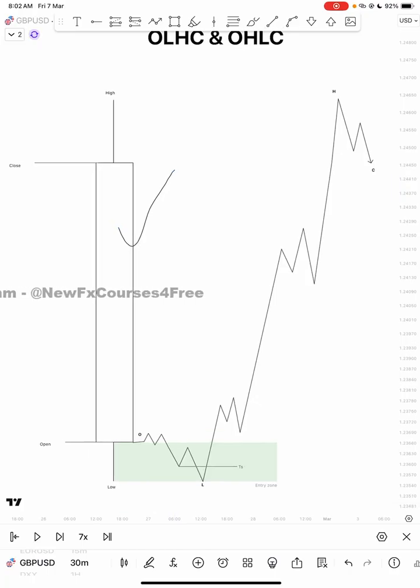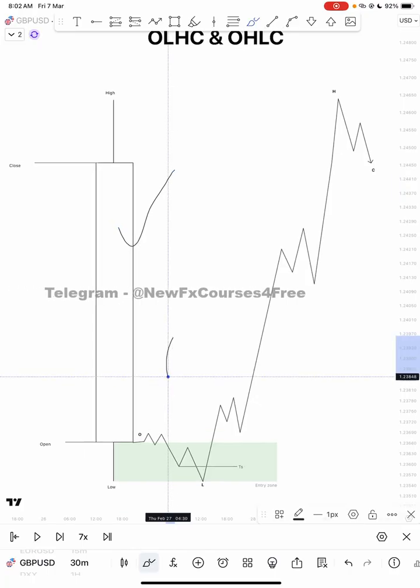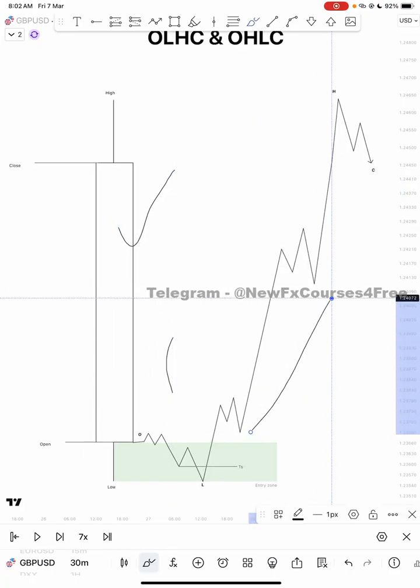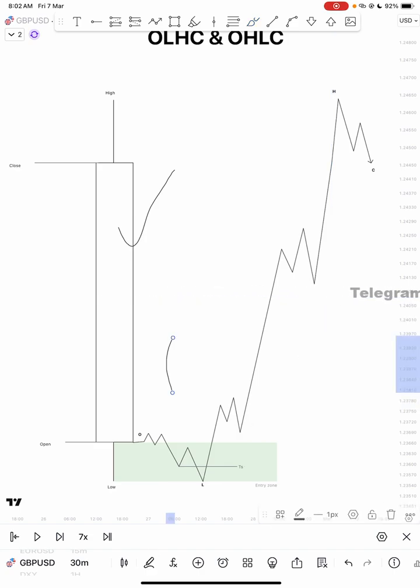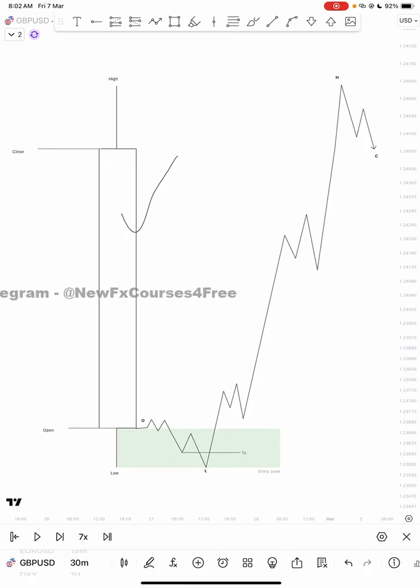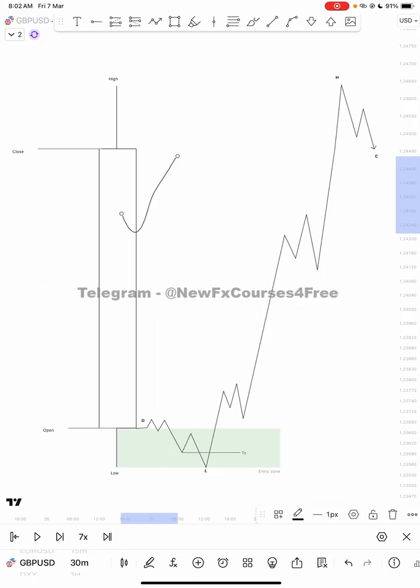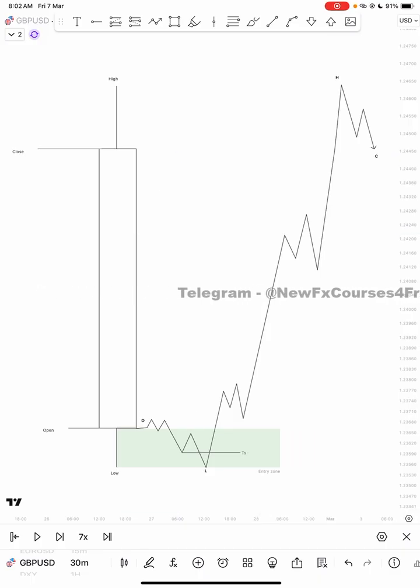This structure over here might be your 5 minutes, 30 minutes, 15 minutes for your entry models and all of that. So here, the daily candle actually opens here on this segment outlined O.